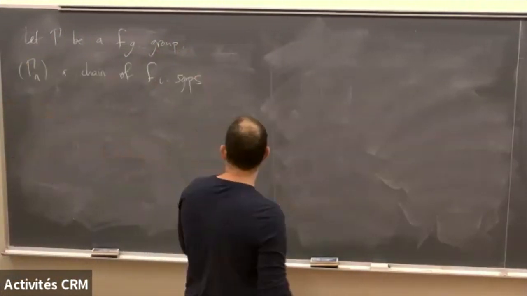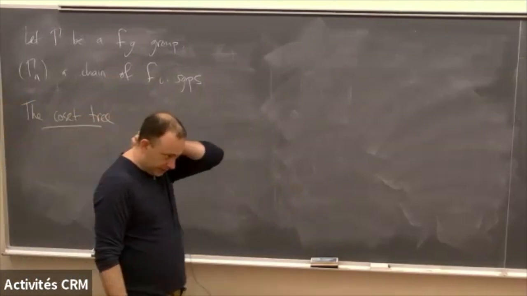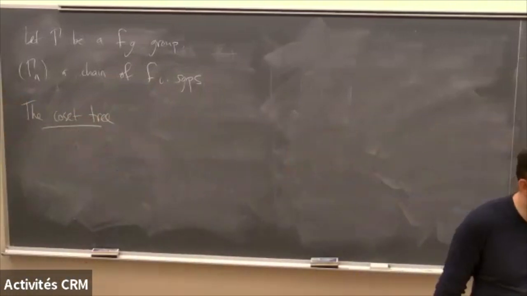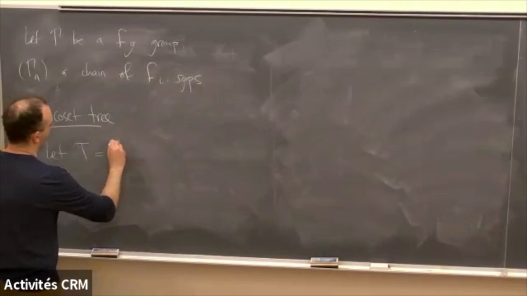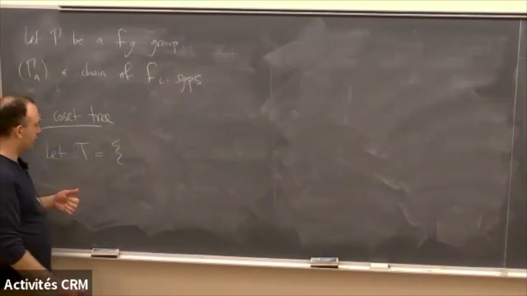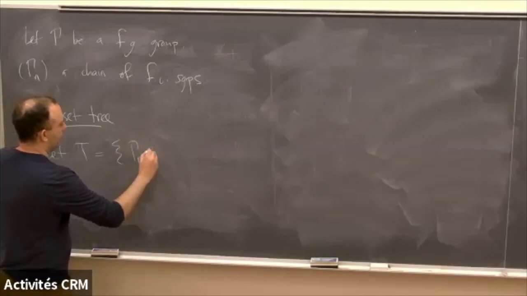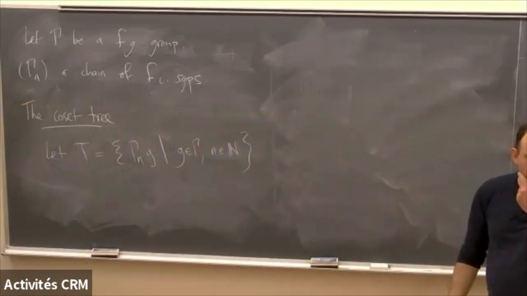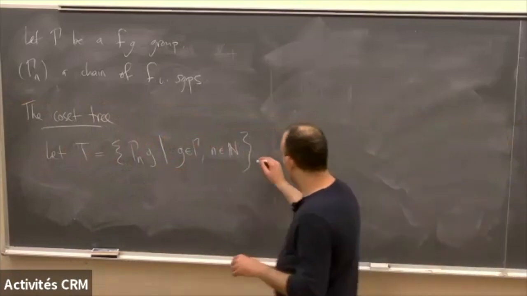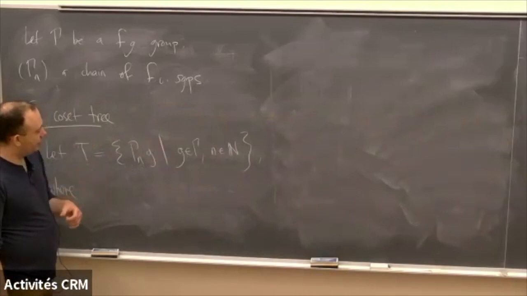Okay, so I'm going to define something called the coset tree. And so what is this? I can make a rooted tree by having the vertex set be all, say, right cosets of the gamma n's, where I connect two cosets with an edge if one contains the other.